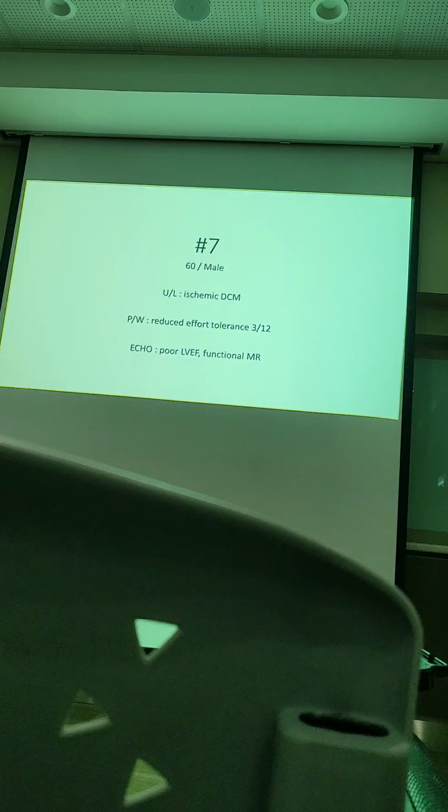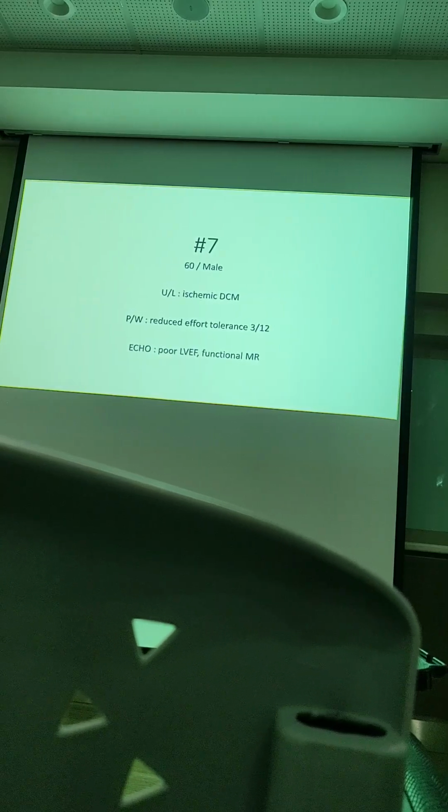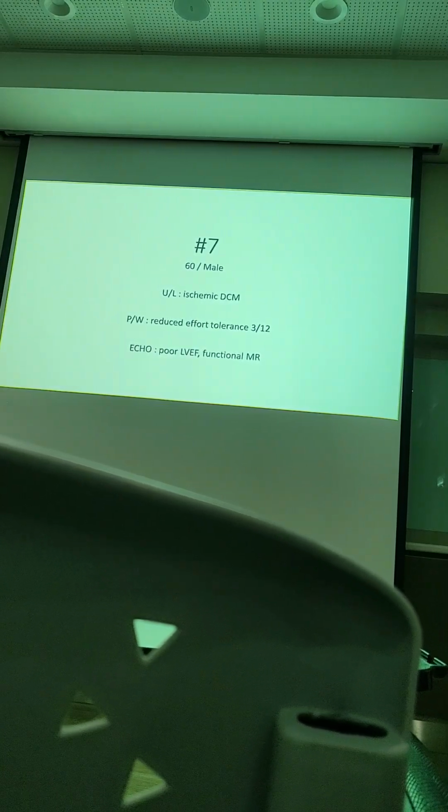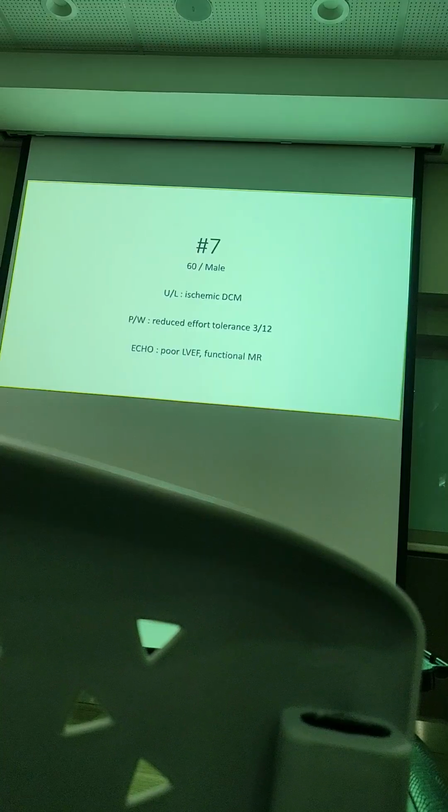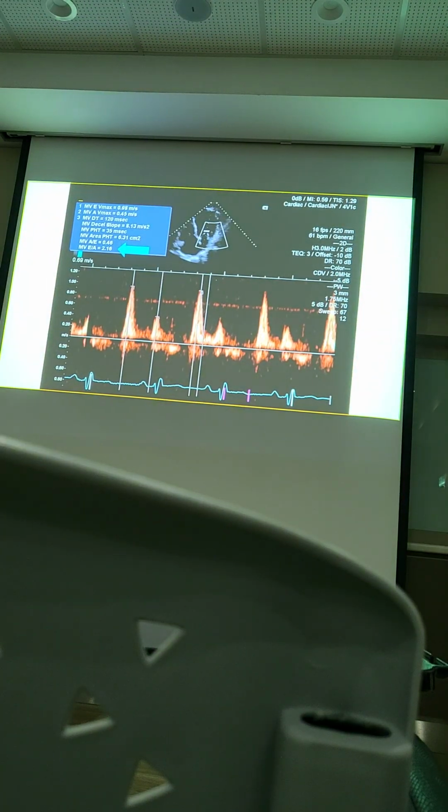Okay. Alright, nice. Okay, yeah, understood. Okay, number 7. 60 years old male, ischemic dilated cardiomyopathy, present with reduced effort tolerance for 3 months, echo poor EF and functional MR. Okay.